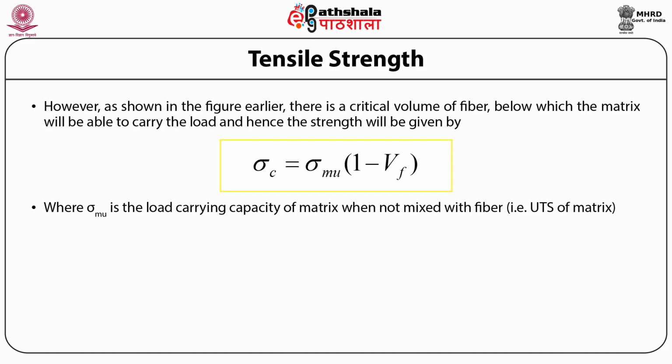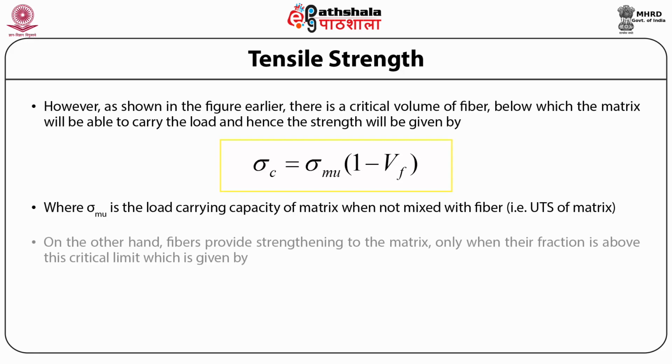From these two relations, we can find a critical value of fiber below which the strength of the composite is dominated by the matrix and above which the strength is controlled by the fiber.